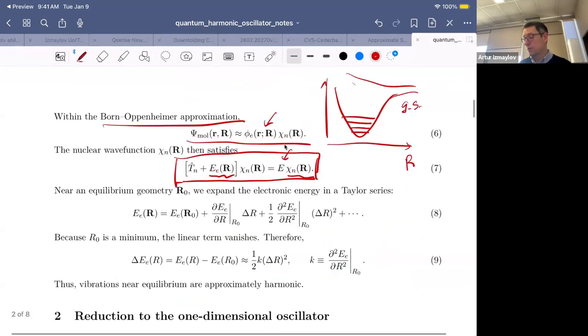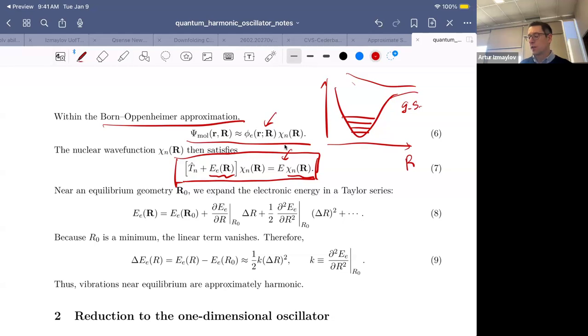So when we fixed on a particular electronic state, then we can look at multiple nuclear wave functions that will essentially experience the electronic cloud, right? So the same electronic solution. And that's the idea, that every electronic wave function has corresponding electronic energy.